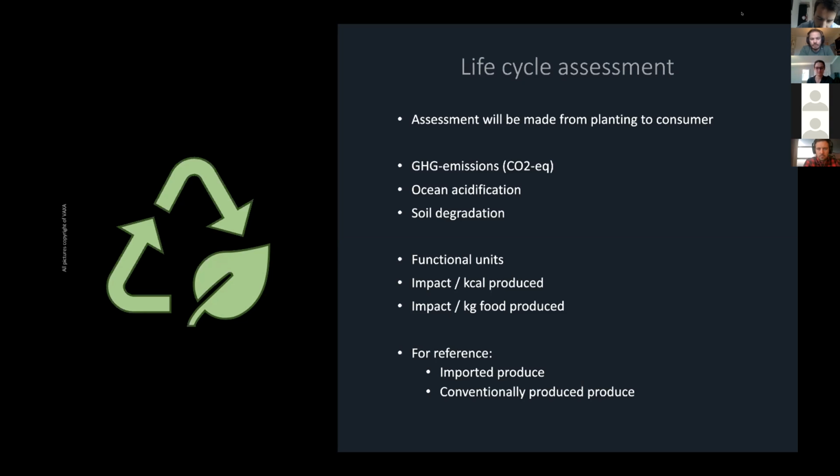And to get some reference, we're going to use what you can find in local supermarkets, or as a consumer in Reykjavik, what else you can use. You can either use imported produce or conventionally or greenhouse produced locally, which I understood isn't quite so massive in production.